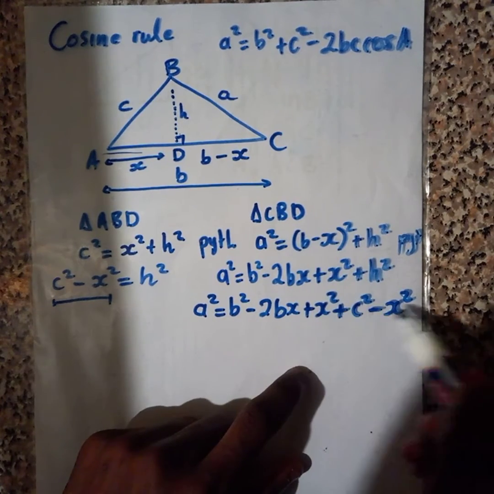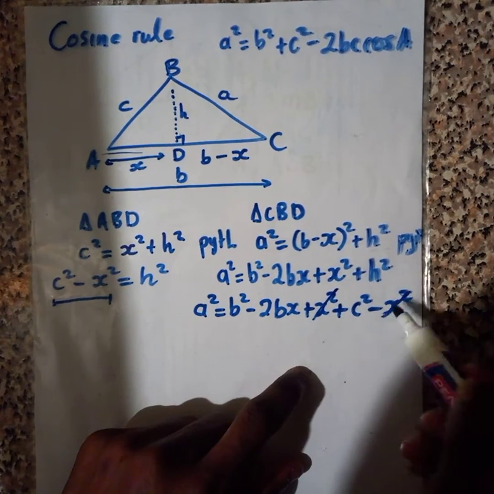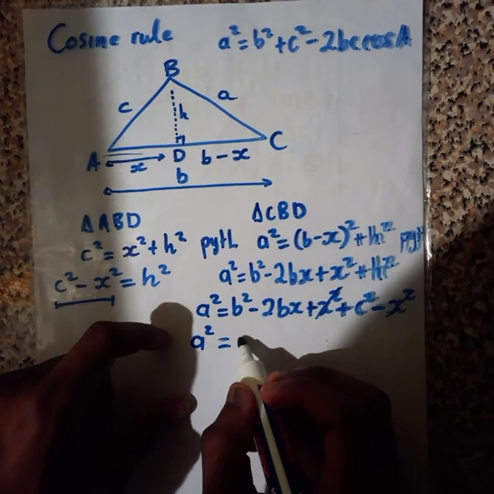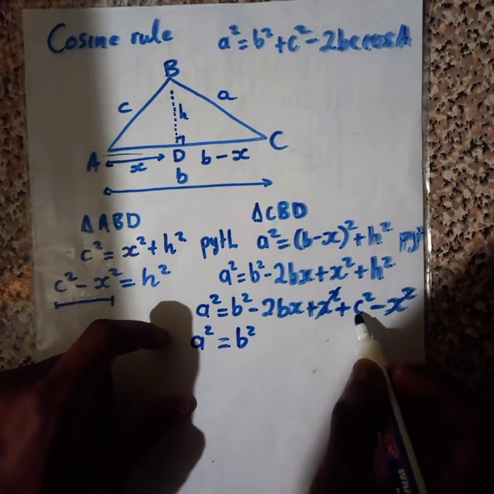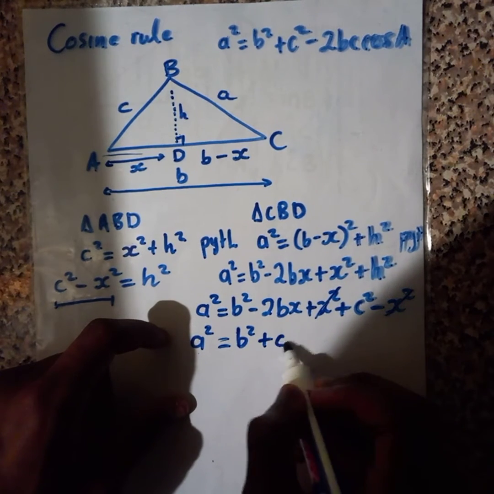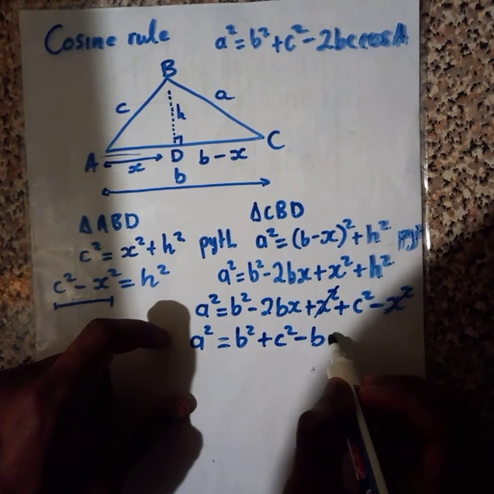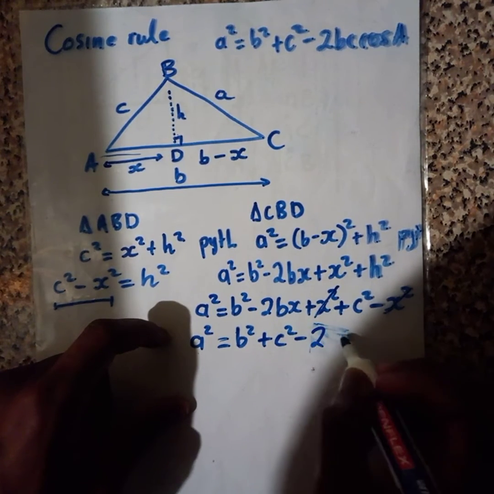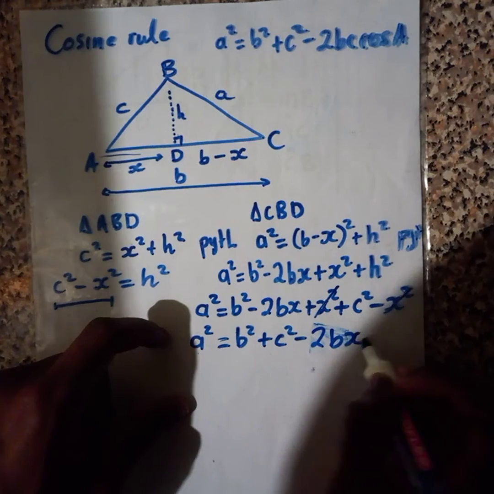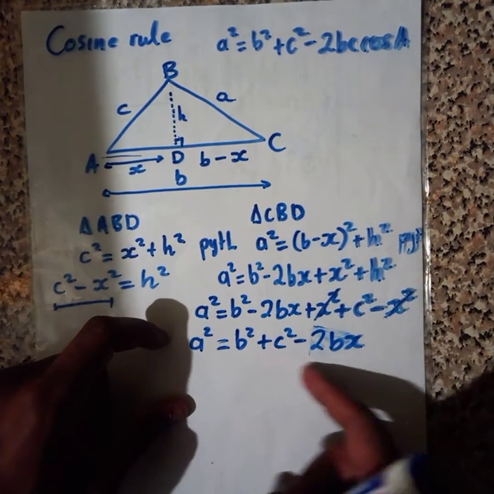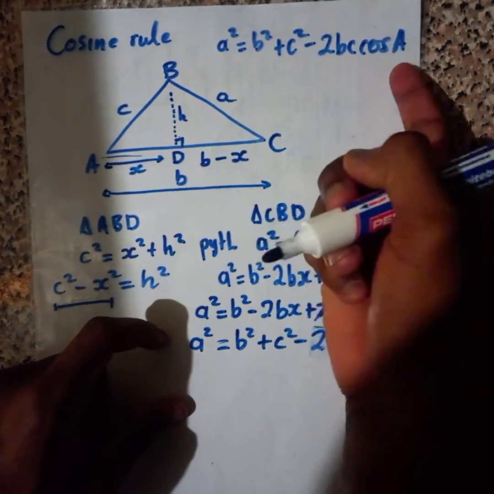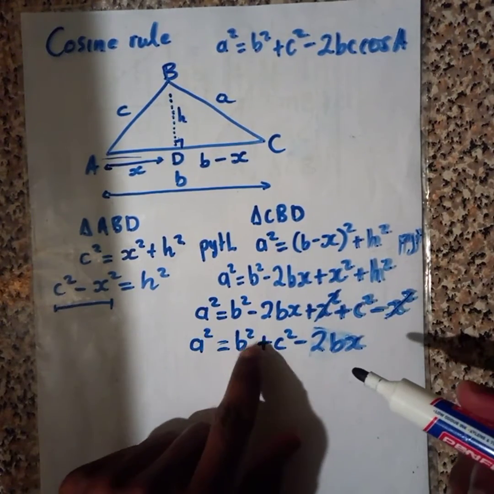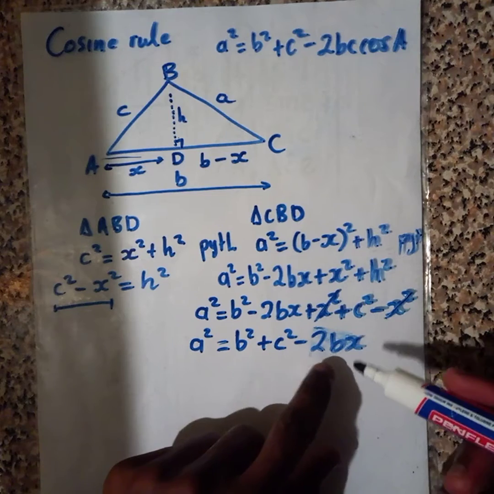At this point, we have x squared and minus x squared, they cancel. Then I'm going to be left with a squared equals b squared. Let me write c first. c squared minus 2bx. At this point, we can clearly see that we are so close to the answer. Now, we have a squared equals b squared plus c squared minus 2bx.